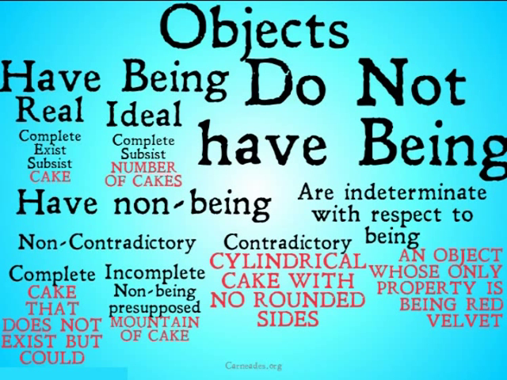Incomplete, non-contradictory, non-being objects that do not have being are things like mountains of cake. That's where the non-being is presupposed. Contradictory, non-being objects that do not have being are things like cylindrical cakes with no rounded sides or round squares.